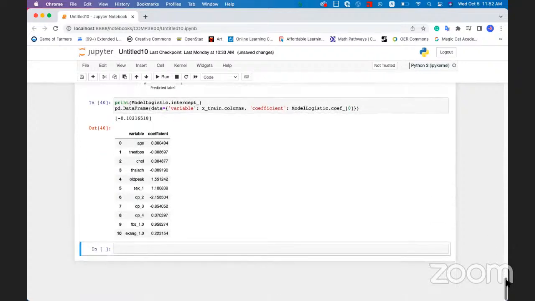So you got the numbers of the intercept and the coefficient.